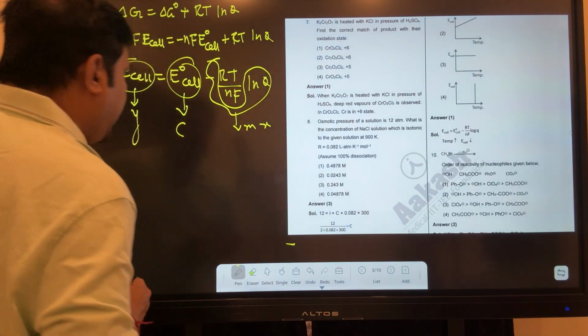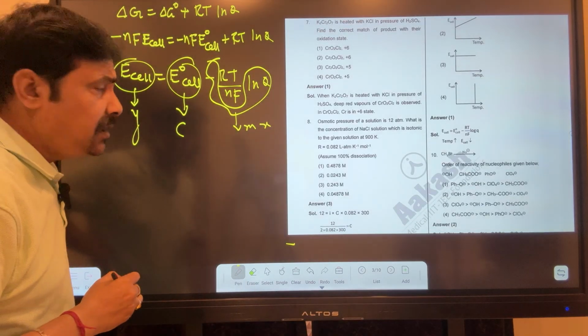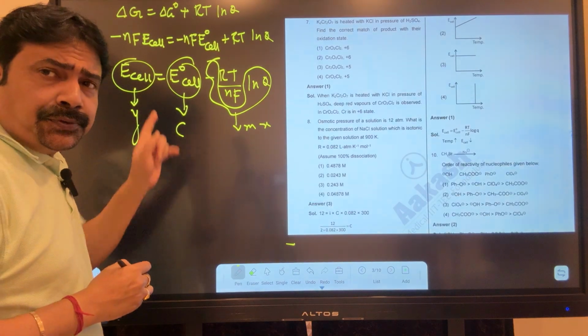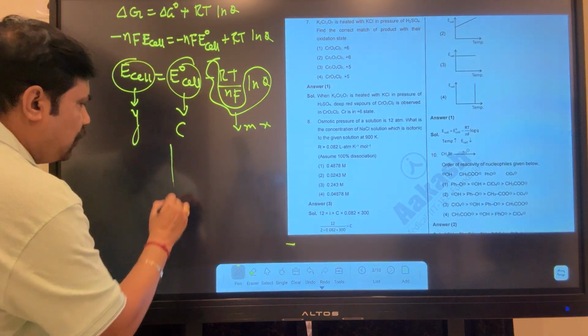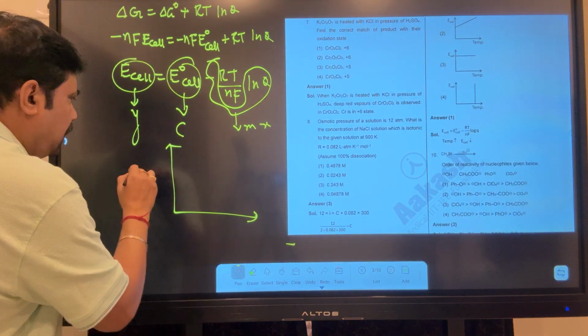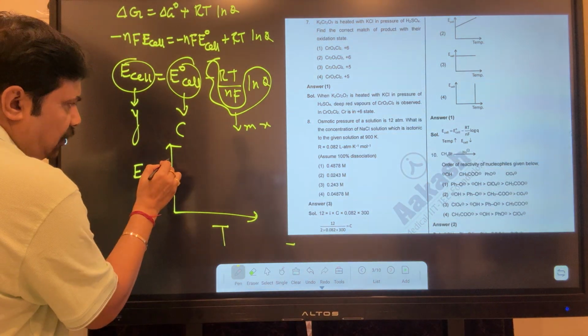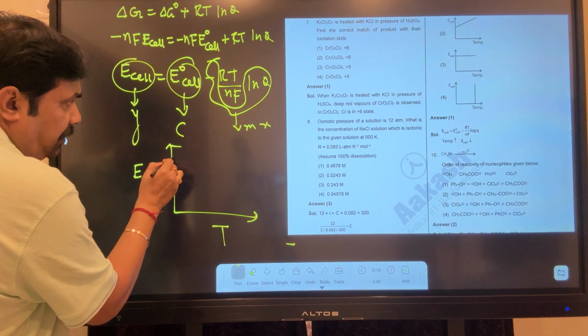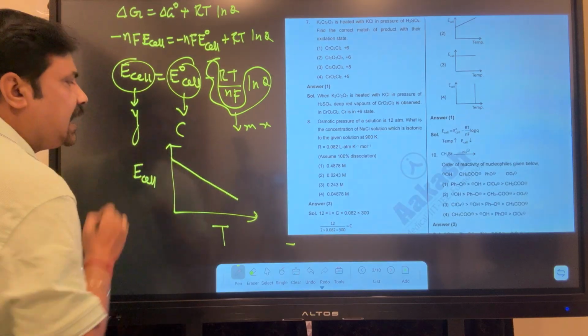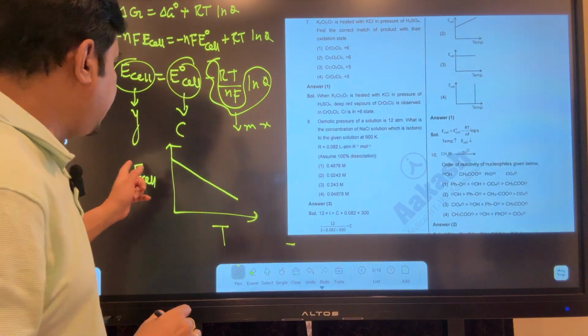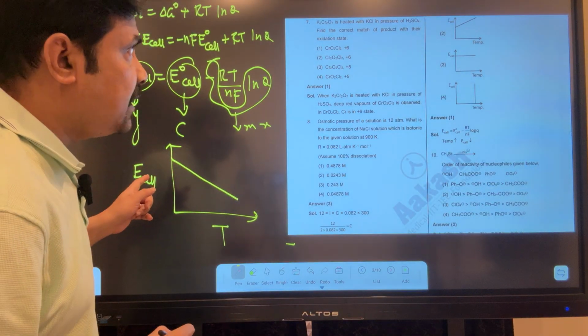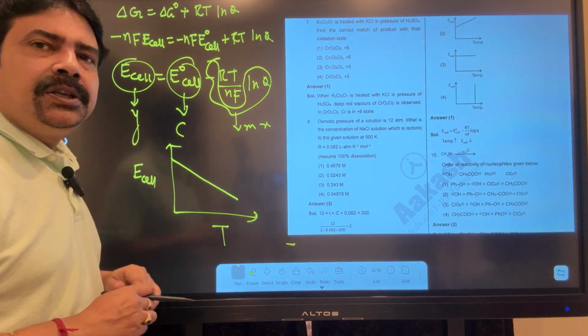Y equals mx plus c, a straight line equation. Intercept is positive, slope is negative. Then how is your plot? Very simple. If you plot E cell versus temperature, the y intercept is positive and the slope is negative, so the plot will be like this. That will be your answer.